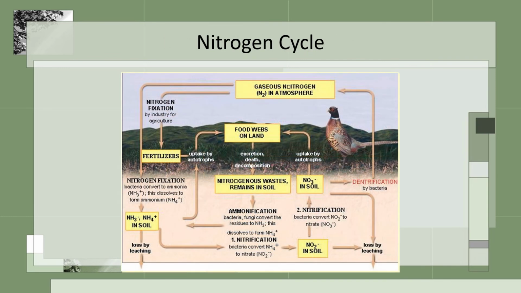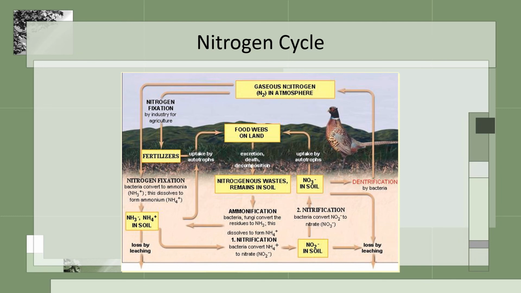The nitrogen cycle is an interesting one because even though a vast majority of our atmosphere is nitrogen gas, about 78%, we and other animals are not capable of taking the nitrogen directly from the atmosphere, but we have to have it to make proteins. And so we're dependent on bacteria to remove the nitrogen from the atmosphere through a process called nitrogen fixation.